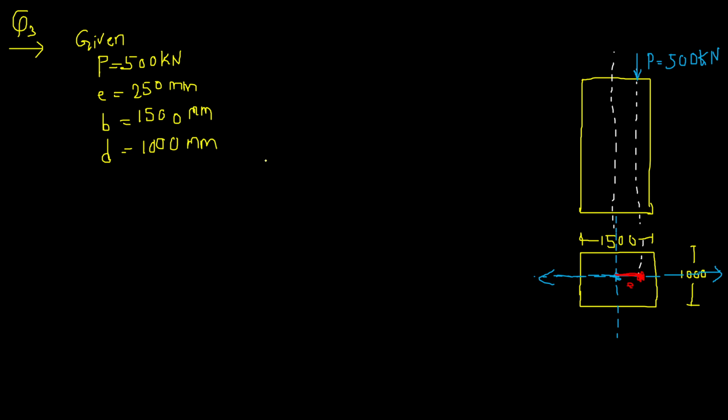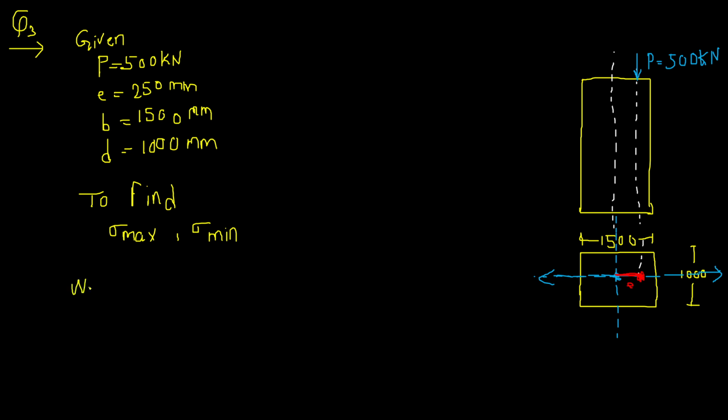So these are the given things. Now what we have to find? You write down maximum stress sigma max, write it down completely. Maximum stress sigma max and minimum stress sigma minimum.